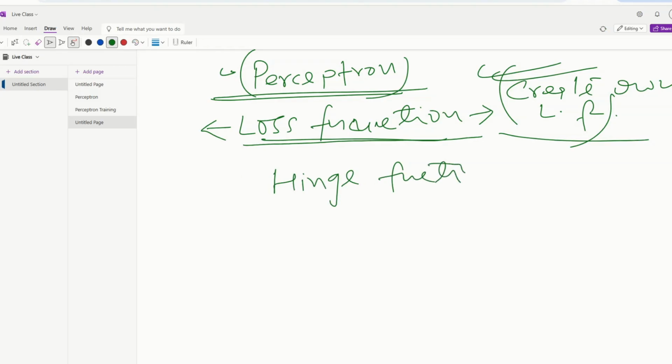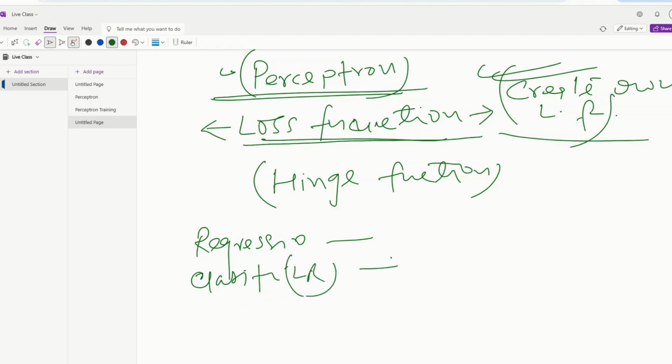If you have an ML background, then you already know a couple of loss functions. For example, in regression we use some loss function. In classification, for example in logistic regression, we have one loss function.